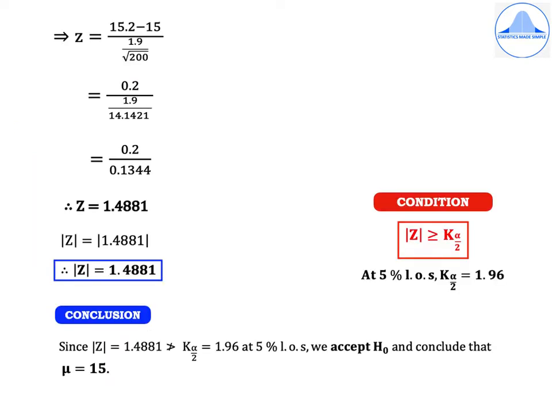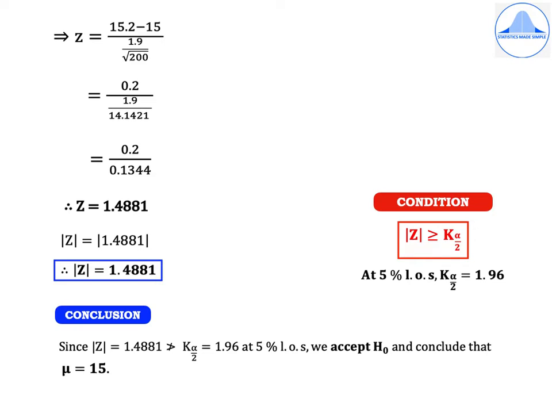Substituting the values in the test statistic, you get Z equal to 15.2 minus 15 divided by 1.9 by root 200, which is equal to 0.2 divided by 1.9 divided by 14.1421. So which is equal to 0.2 divided by 0.1344, or you get Z is equal to 1.4881.